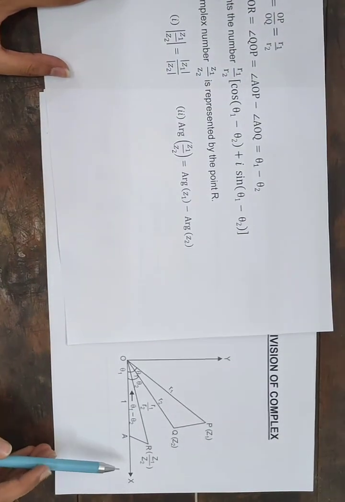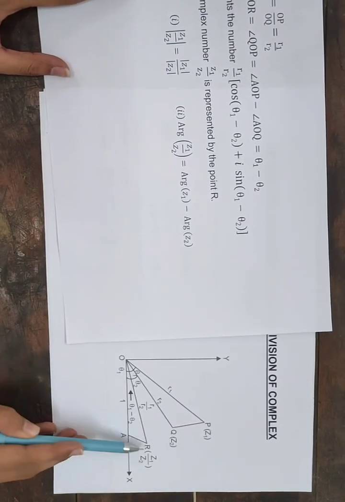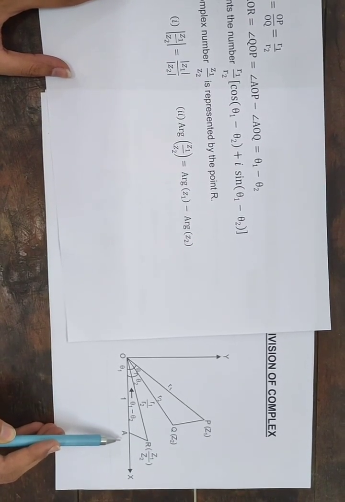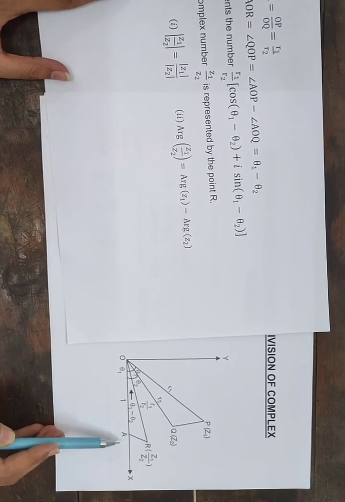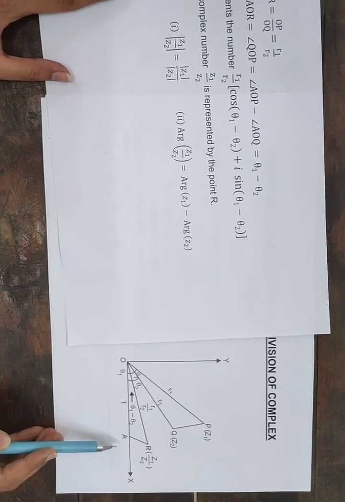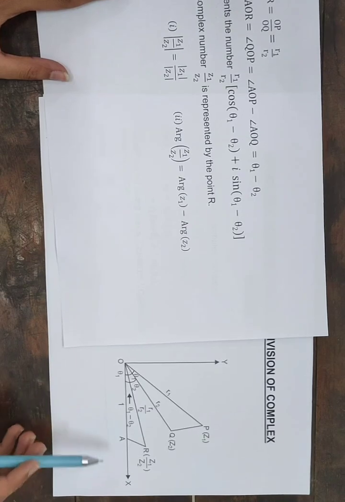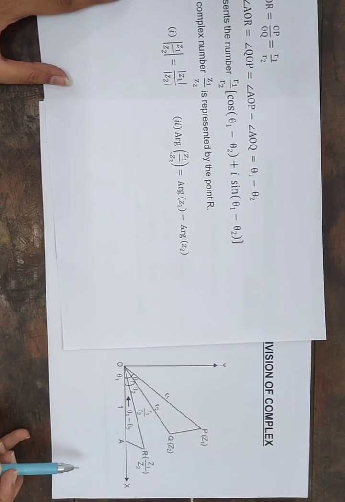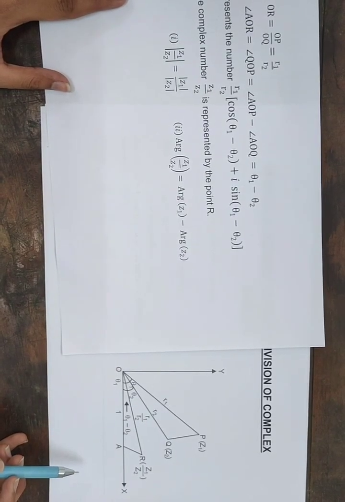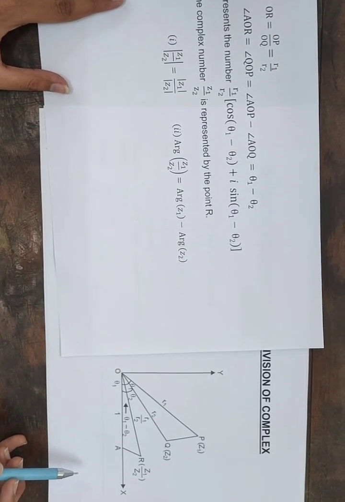In the figure, we have angle AOR equal to angle QOP, which is equal to angle AOP minus angle AOQ, which is equal to theta 1 minus theta 2. Therefore, R represents the number r1 upon r2 (cos of theta 1 minus theta 2 plus i sin of theta 1 minus theta 2).